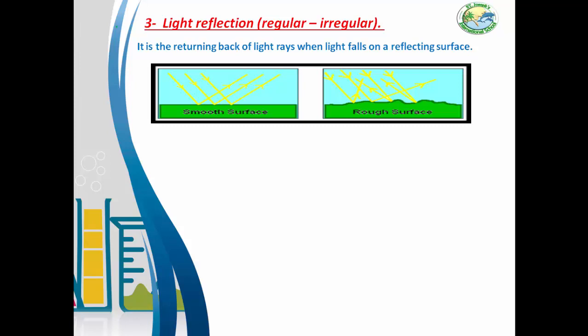That's what happens when light falls on a mirror, because it is a smooth surface, or on glass, because it is a smooth surface.